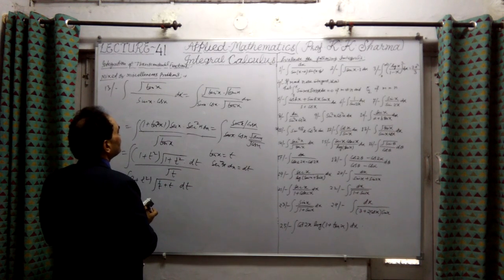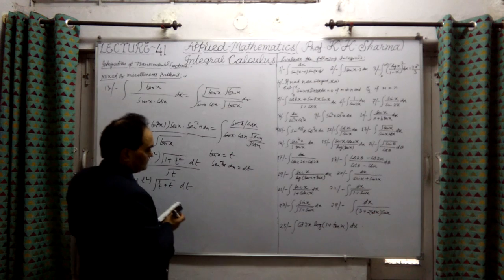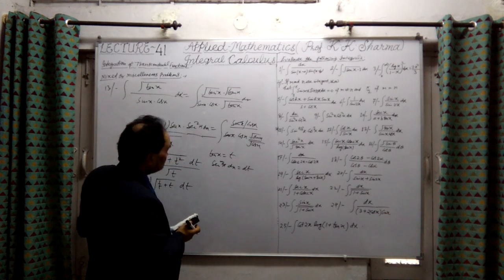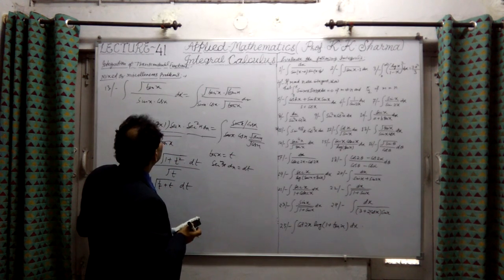If I consider tan x equal to t, or t square, if I substitute, 2t into dt equal to, t will be there, dt square. Okay, then 2t, or tan x sec square x dx is dt.